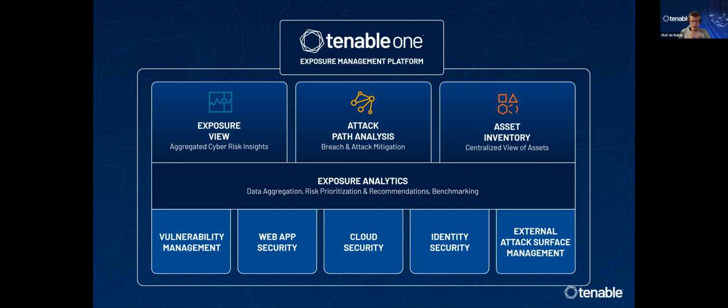To the right, it starts off with asset inventory. So you see all your assets, compute assets, but also your web applications, your Active Directory assets, and everything is correlated there, brought together and visible. To the left, we've got exposure view. That will give you an overall view of the whole organization, your cyber exposure, your posture.